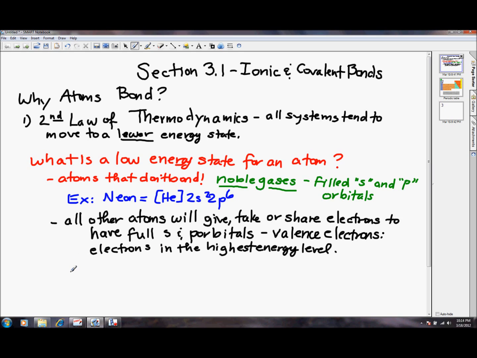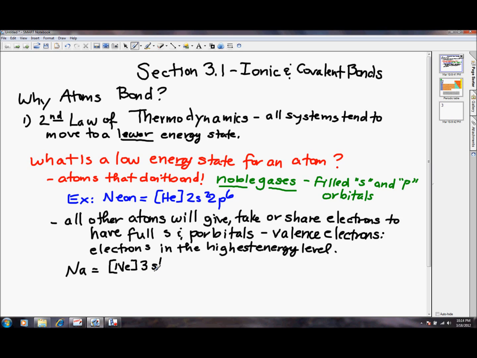It so happens that the atoms, the families that we learned about in our last unit, have a pattern as to how many valence electrons each family has. So for example, if we look at sodium, it is neon 3s1.